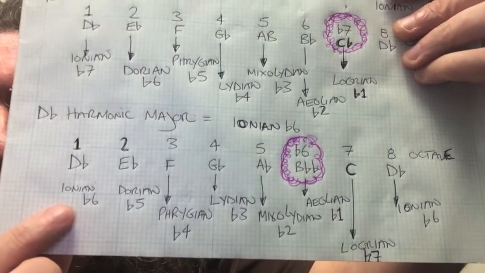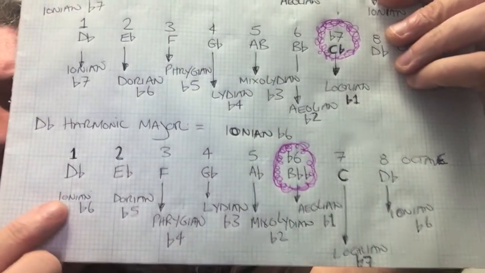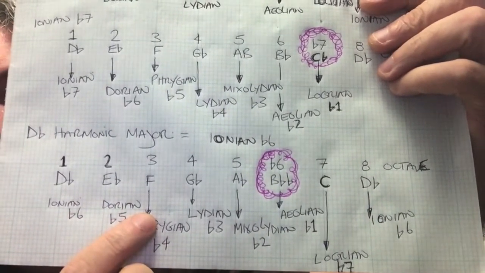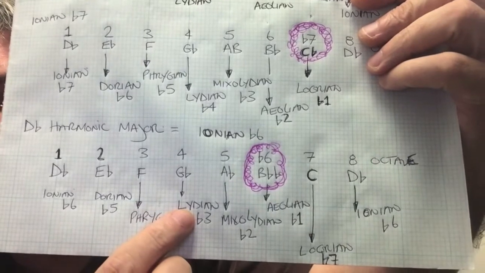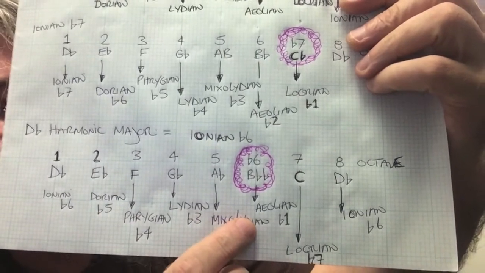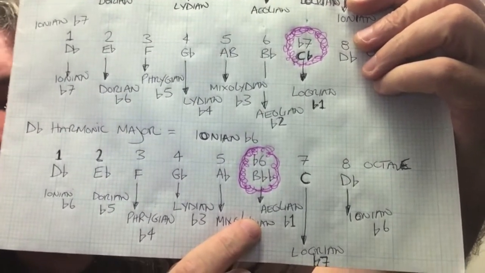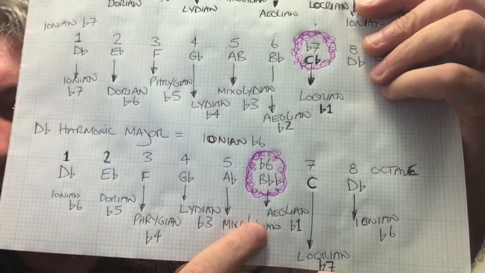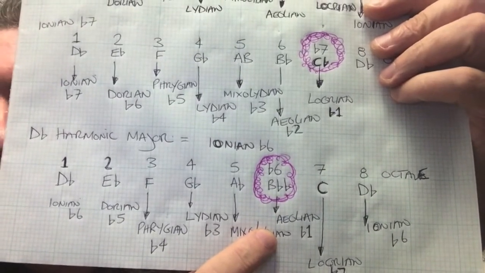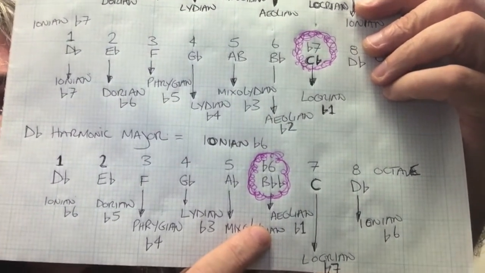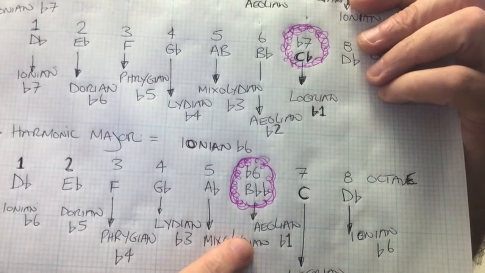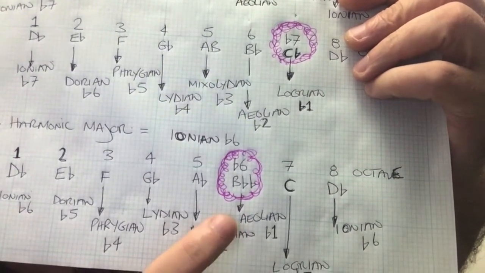Because it's a major scale with a flat 6, it's an Ionian mode with a flat 6, therefore it's a Dorian mode with a flat 5, a Phrygian mode with a flat 4, a Lydian mode with a flat 3, a Mixolydian mode with a flat 2, an Aeolian mode with a flat 1 or flat root, which we know then turns into a 1, a sharp 2 or an augmented second, a major third, a sharp 4, a sharp 5, a major 6 and a major 7. And that's the scale that we played over the augmented chord, which is a 1, a major third and a sharp 5. So that's the augmented on that degree of the scale.